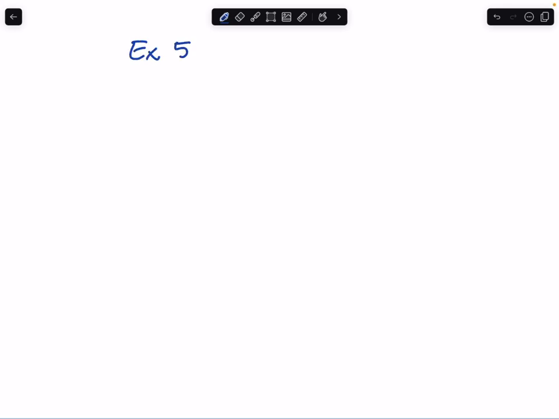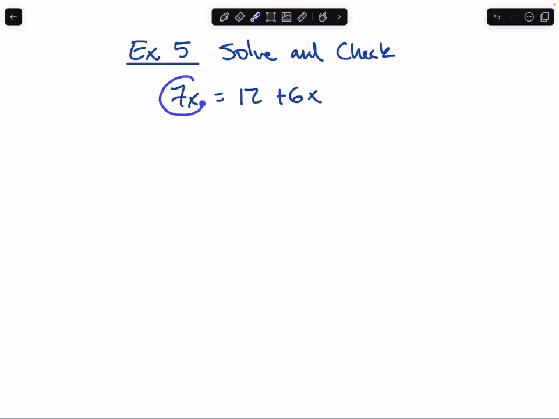Example number 5. We want to solve and check. Okay, we have 7x is equal to 12 plus 6x. Okay, so now we have the variable x on both sides of our equation.